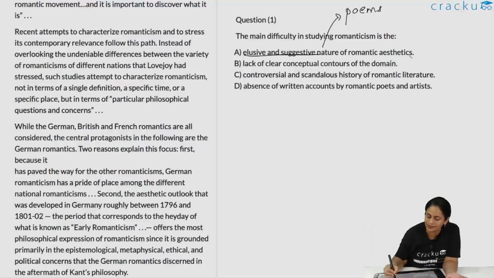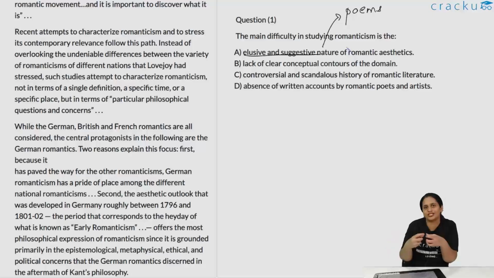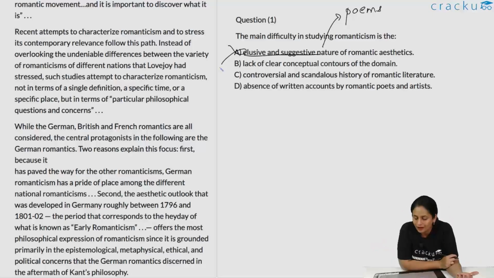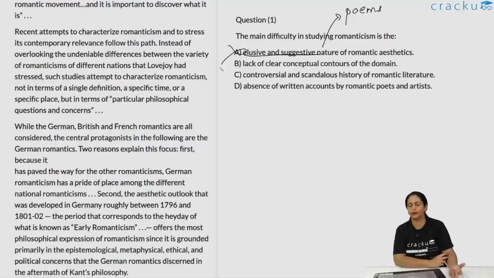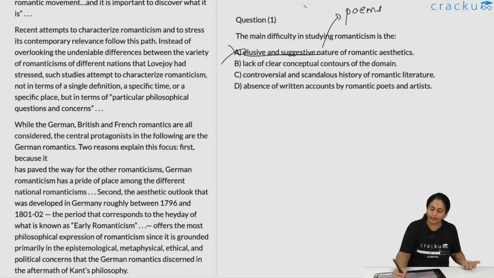But romantic aestheticism is not elusive and suggestive. So they have distorted two things by taking a characteristic of something else and putting it on something else. So A is a distortion. Lack of clear conceptual contours of the domain. This is the main difficulty. You look at it over here.